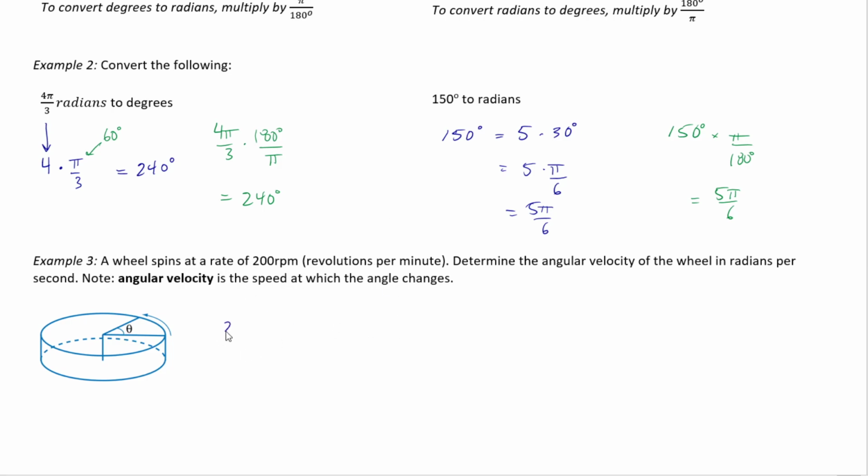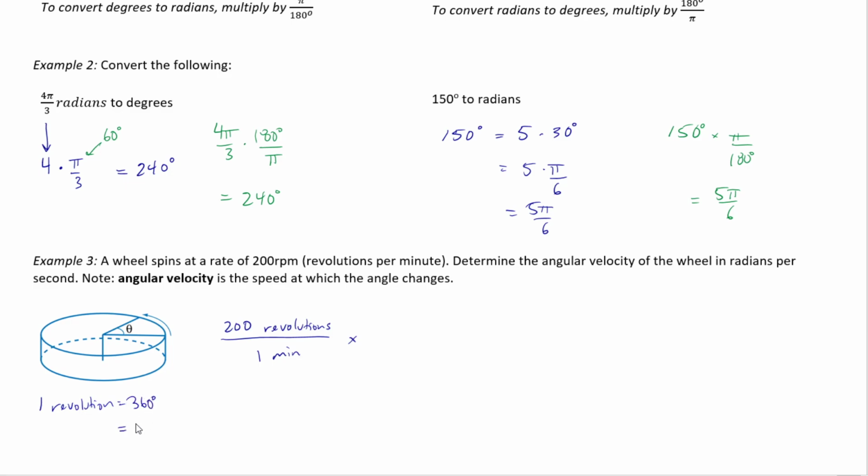So if we have 200 revolutions per minute, I'll write this: 200 revolutions for every 1 minute. That's given in the question. I know that 1 full revolution is equal to 2 pi radians, right? So 1 revolution is 360 degrees.